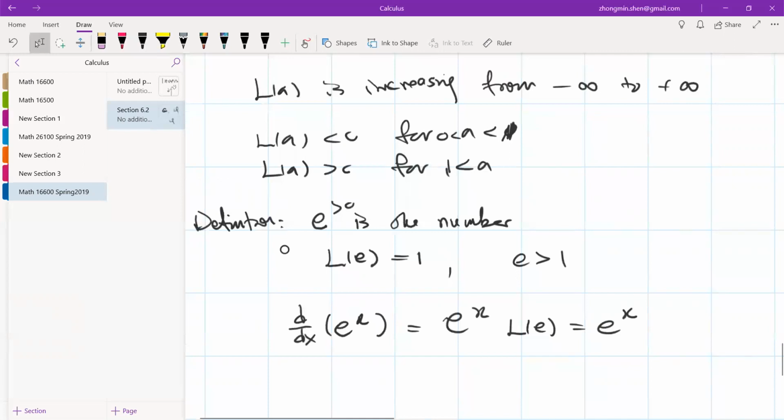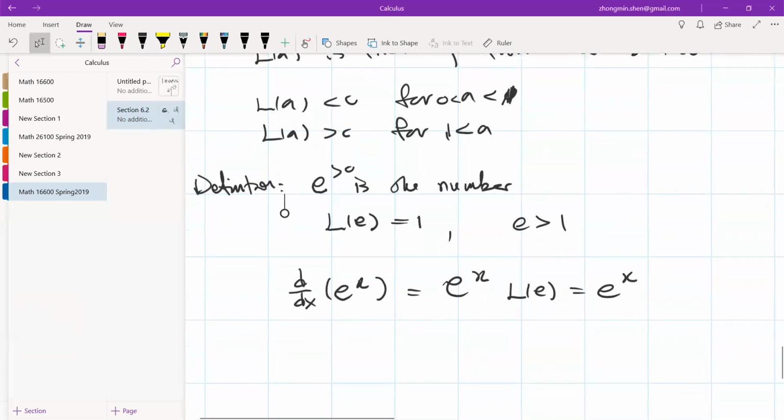So in this world, there is only one function whose derivative is itself. Most of the time, when you differentiate a function, the function changes, but here it stays the same.